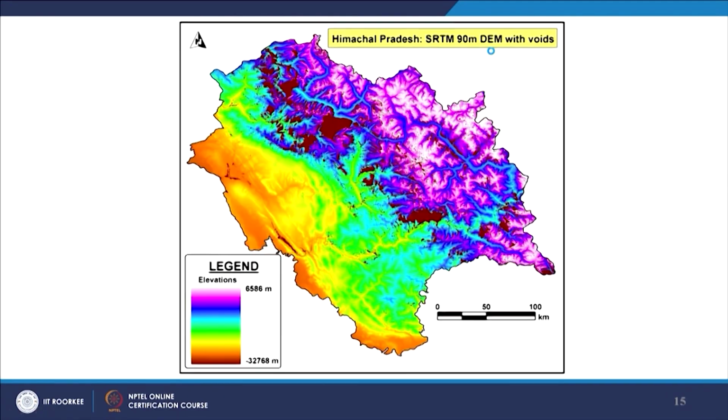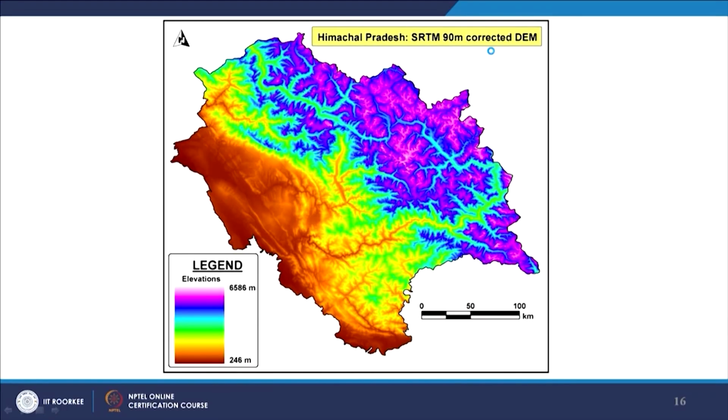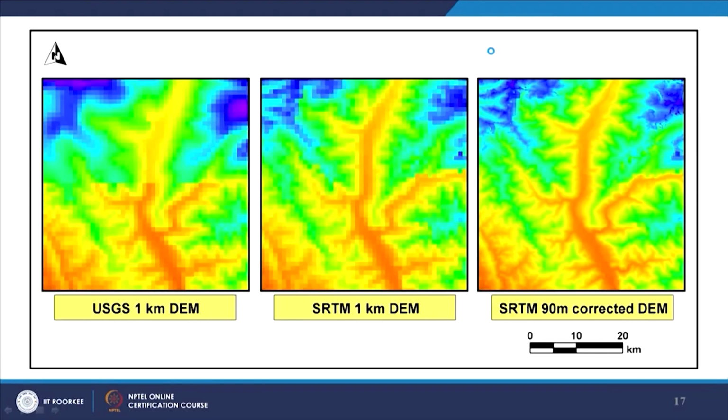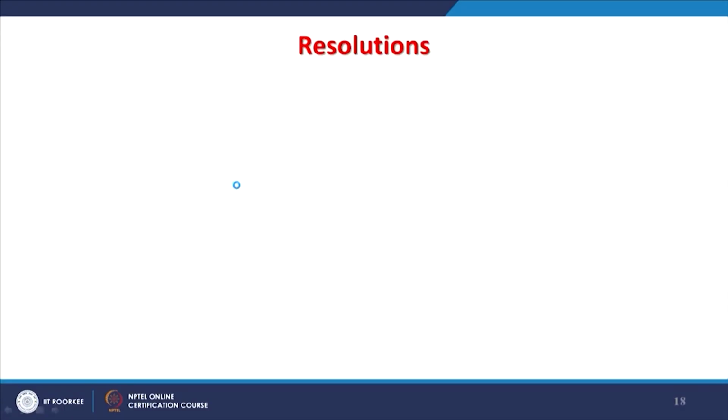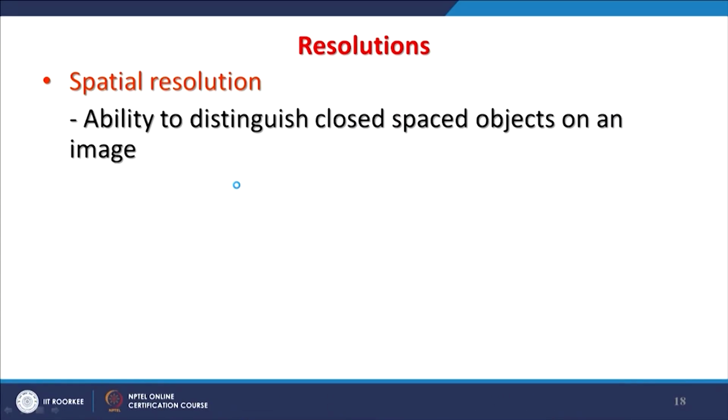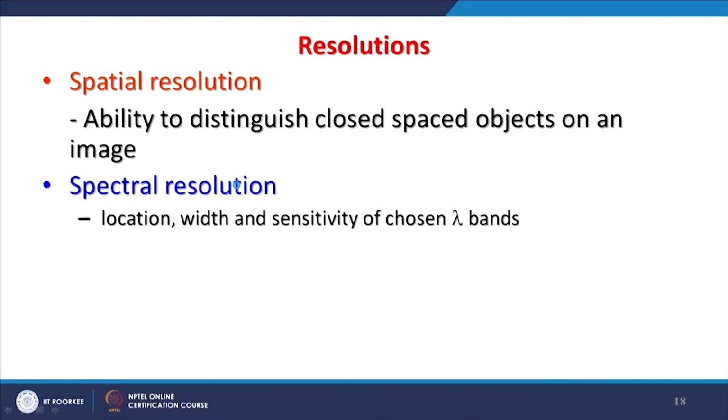This is the USGS DEM of 1 kilometer, this is 90 meter, again void filled, and you can compare the results. The seam is a little problem here. We can wrap up by saying that spatial resolution is the ability to distinguish closely spaced objects on an image.